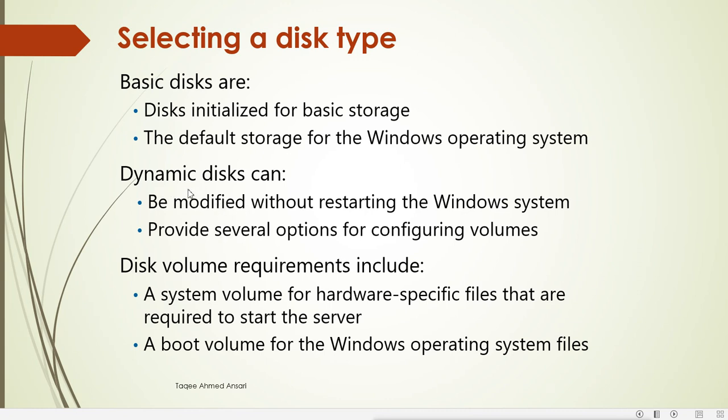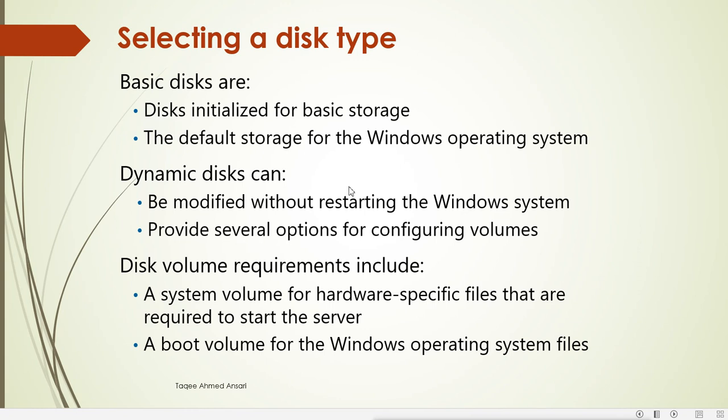You have to convert it into basic. It will give you an error and say convert back to basic. And for converting it back to basic, you have to remove all the partitions.